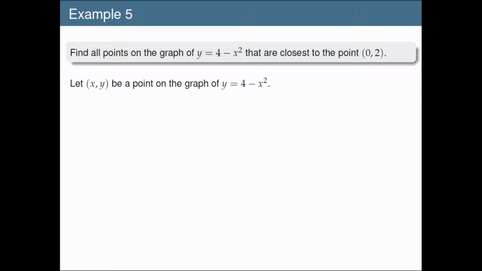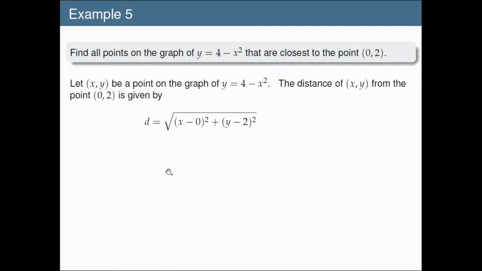Let (x, y) be a point on the graph of y equals 4 minus x squared. Then the distance of the point (x, y) from the point (0, 2) is given by d.